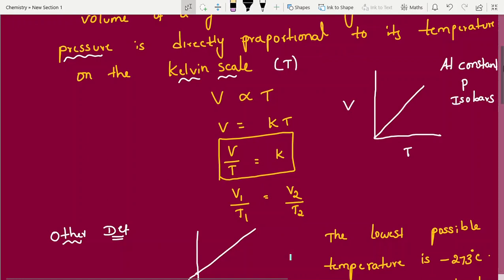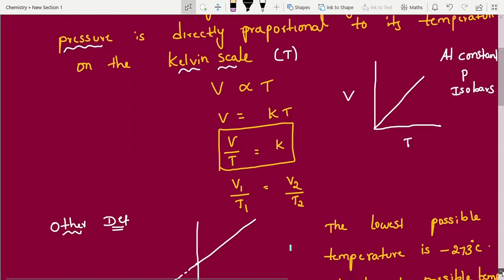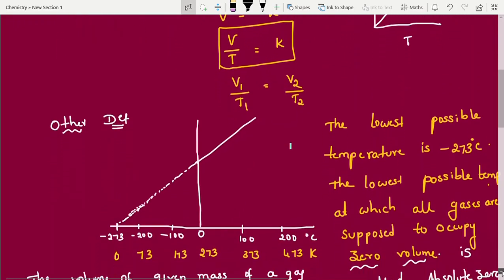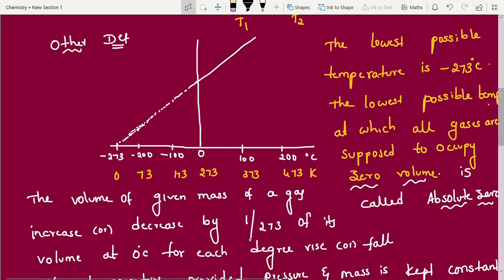Now next, another definition I am giving, expressed in terms of degrees centigrade. See students, I have taken the graph here. This is 0 degrees, and 0 degrees means 273 Kelvin. The relation is capital T equals 0 plus 273.